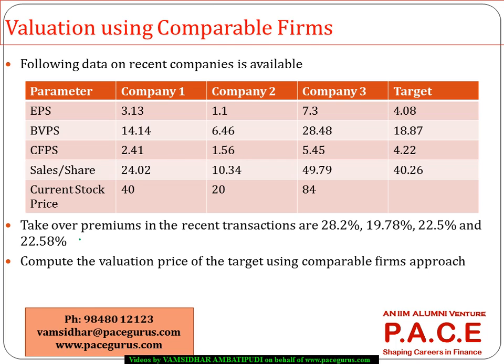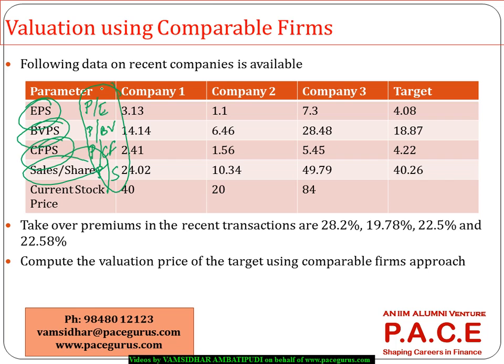In general, when we talk about comparables, we look at from the perspective of earnings per share, the book value per share, the cash flow per share, the sales per share, because all these will combine into ratios like P by E ratio, price to book value ratio, price to cash flow ratio, and price to sales ratio. These are all the typical comparables in terms of the stock valuation process.